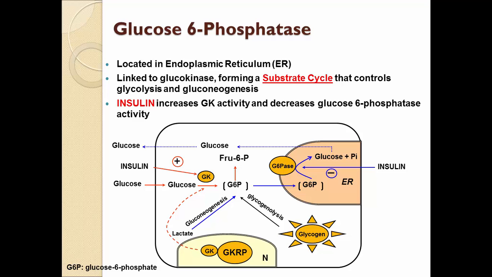For example, here, as we already know, it is involved in the glycolysis and also gluconeogenesis pathway, and it's also the intermediate or substrate of the glycogen synthesis or glycogen breakdown pathway, right? So glucose 6-phosphate is the key metabolic point, right?